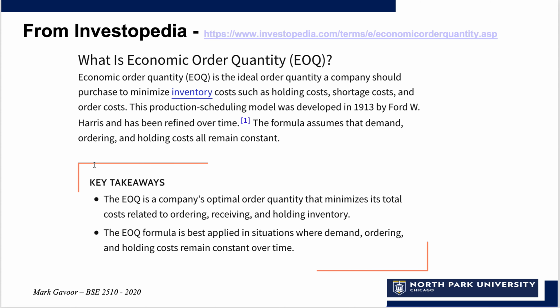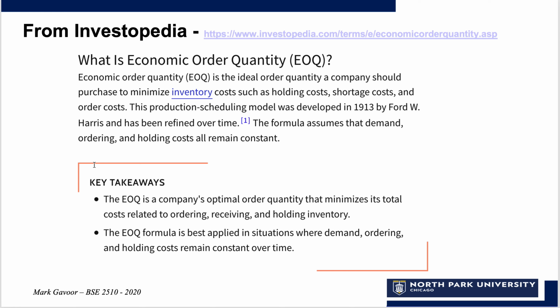So here's from Investopedia. Economic order quantity is the ideal order quantity a company should purchase to minimize inventory costs, such as holding costs and storage costs and order costs. This production scheduling model was developed in 1913 by Ford Harris and has been refined over time many times. The formula assumes that demand, ordering, and holding costs remain constant.